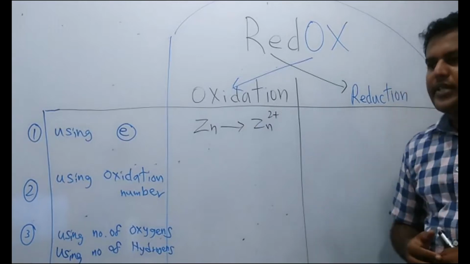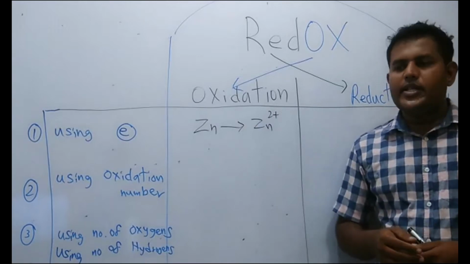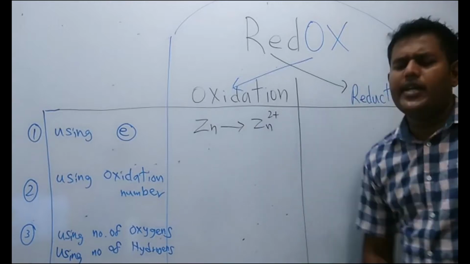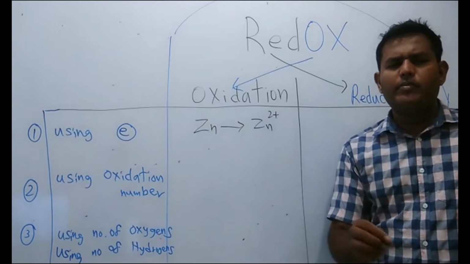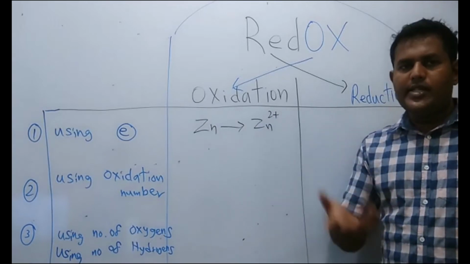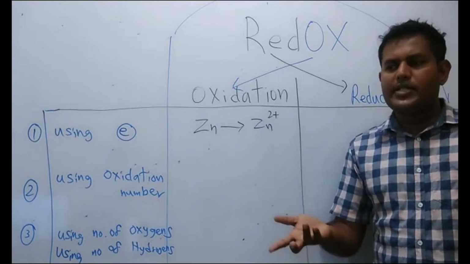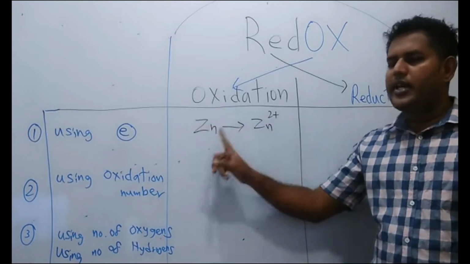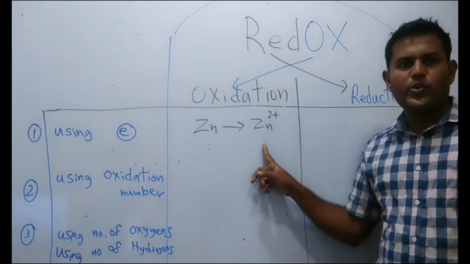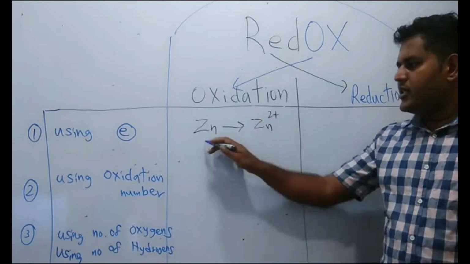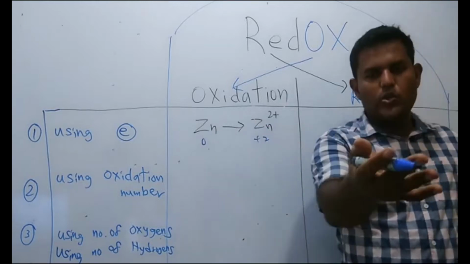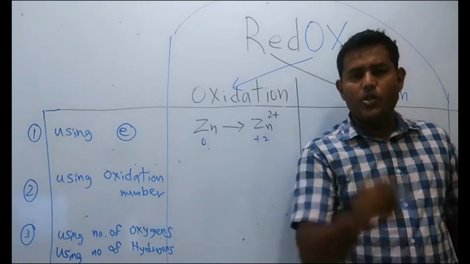It's an oxidation. Why do we say this is oxidation? In this equation, the charge is not balanced. Zinc charge is 0, zinc 2 plus charge is plus 2. If I give you electrons to balance this, to which side do you add electrons?